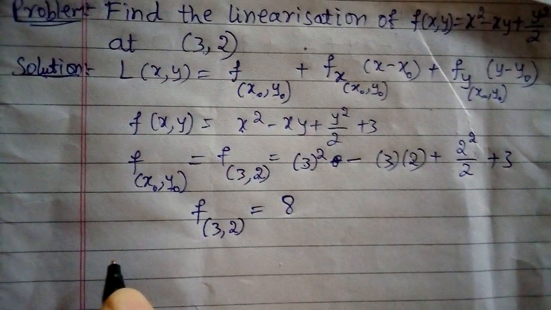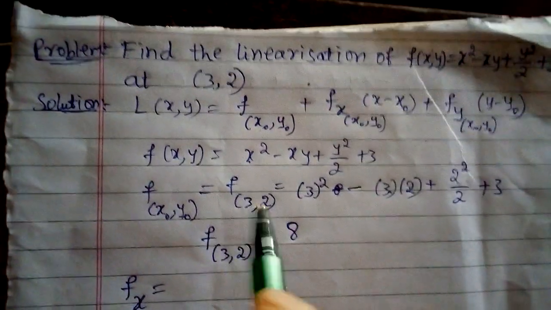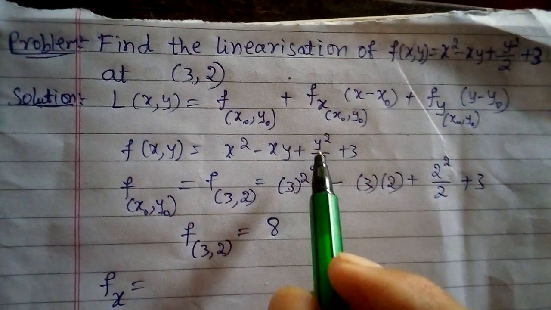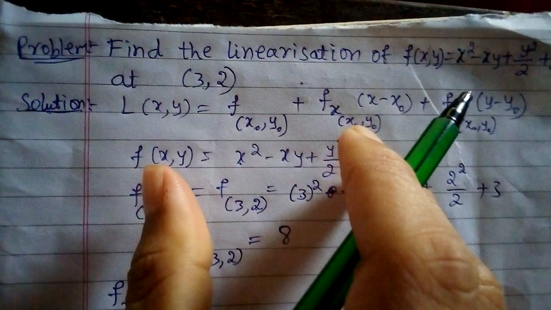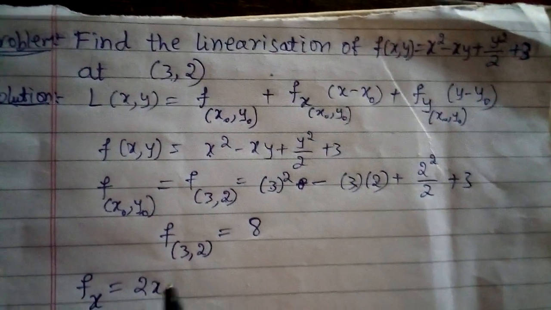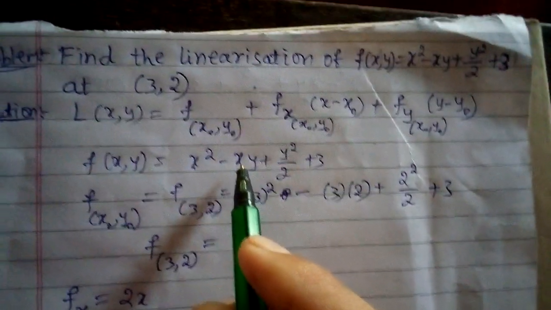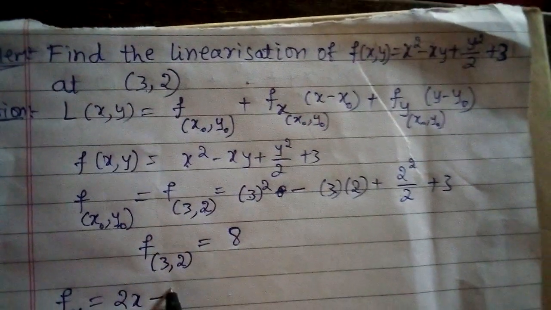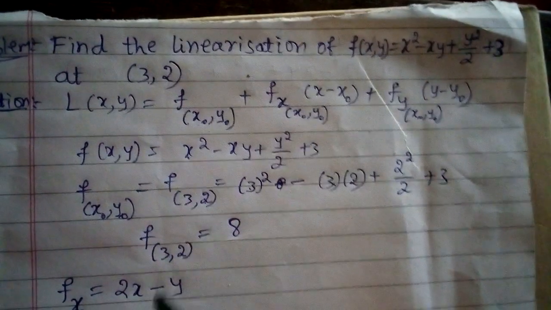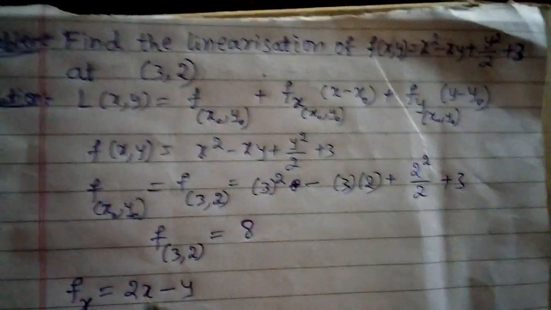Then we find the partial differentiation of function f with respect to x. This is the function f(x,y). Partial differentiation with respect to x: differentiation of x² is 2x. Partial differentiation of −xy with respect to x is −y. Partial differentiation of y² with respect to x becomes 0 and differentiation of 3 becomes 0.